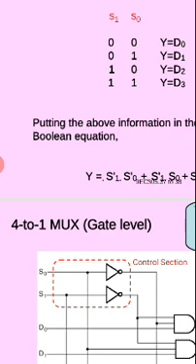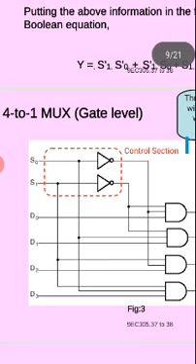Four to one mux gate level. Gate level means the description of the 4 to 1 multiplexer with respect to the gates used. That is called gate level.